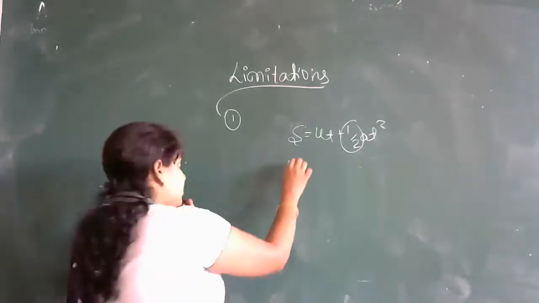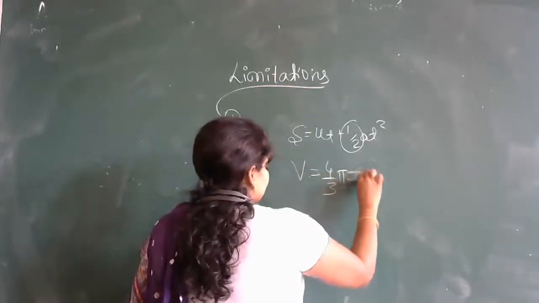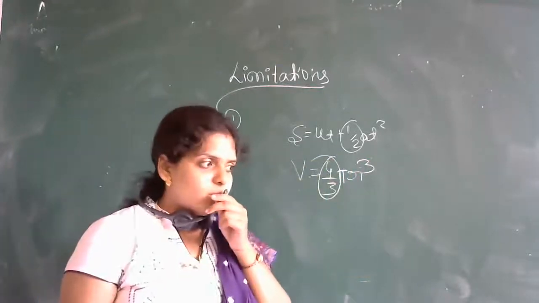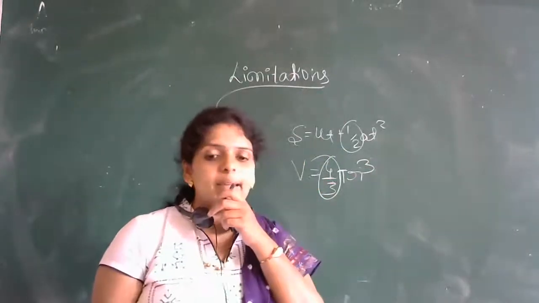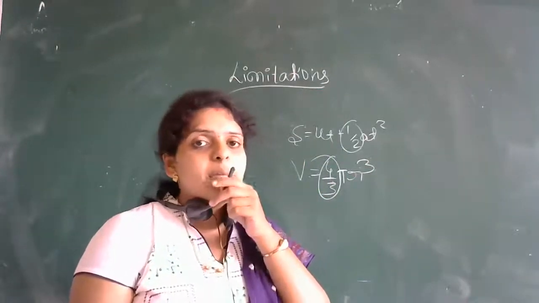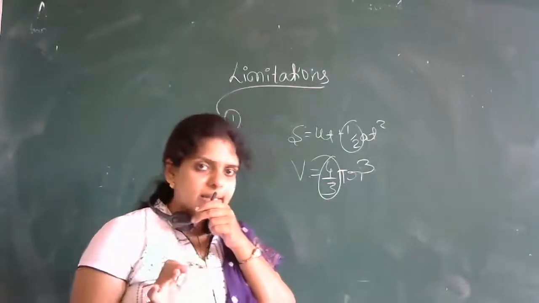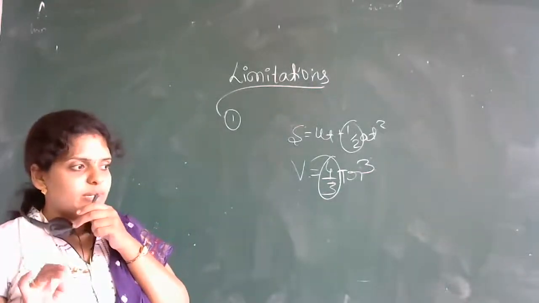For example, you have volume of the sphere as what? 4/3 pi r cube. 4/3 का क्या करोगे? 4/3, what is the dimension formula here? Therefore here what we say, we cannot calculate the dimension formula for numerical constant. Is it clear everyone? So three dimension limitations are over. Is it clear?